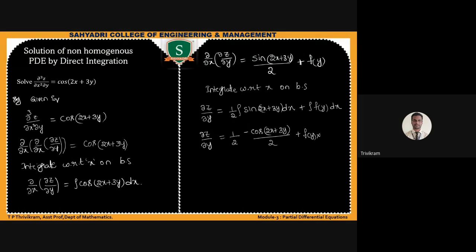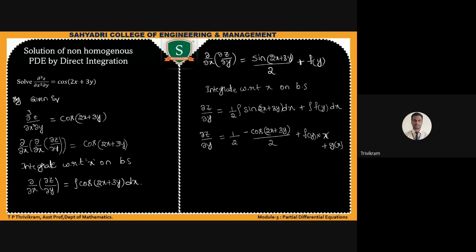Integration 1 dx, we'll get x. Again plus integrating constant you have to write. You can write this time as plus g of x.